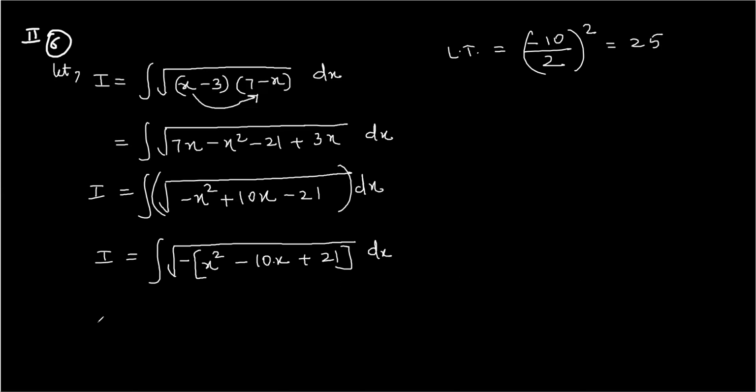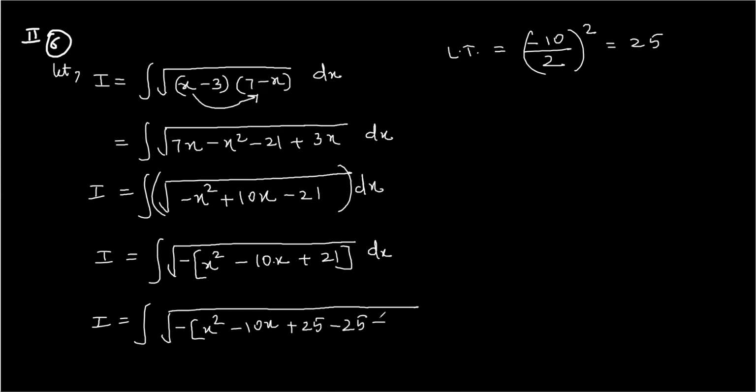What is the next step? I will add and subtract this last term in order to get the perfect square involving variables. So I have x square minus 10x plus 25, and since I added 25, I need to subtract 25 plus 21 and dx. Okay, this is what it is.